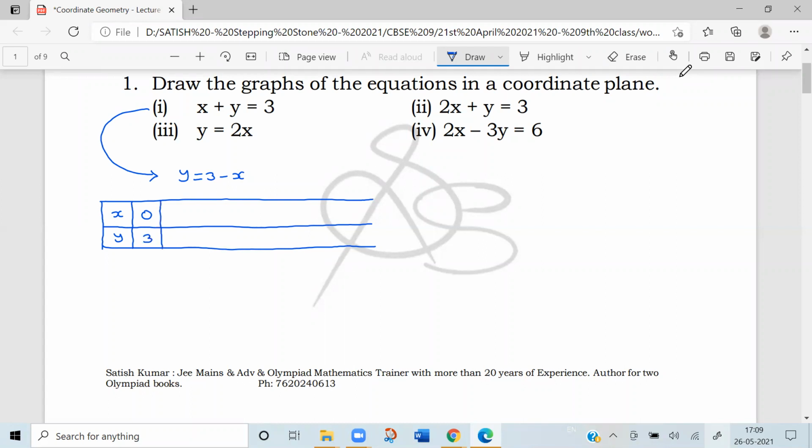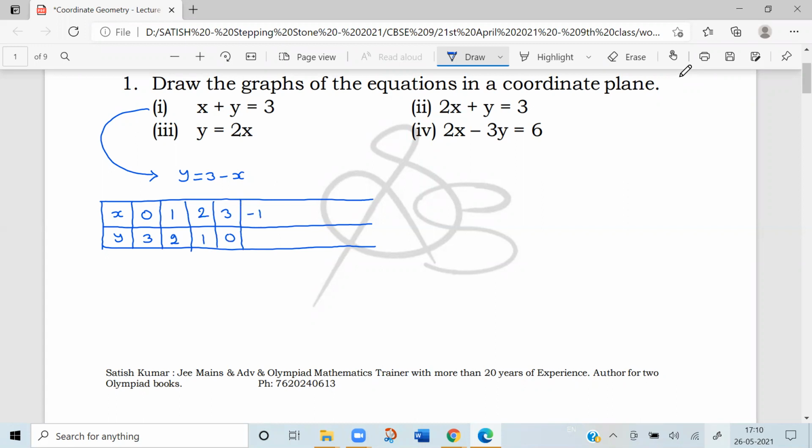Three. When x equal to 1, y is 2. When x equal to 2, y is 1. When x equal to 3, y is 0. Let us take some negative numbers also.